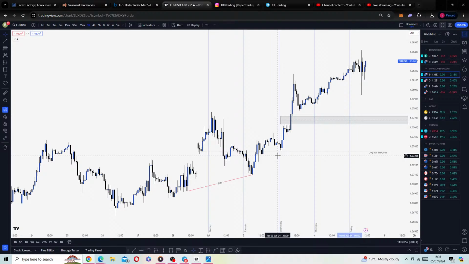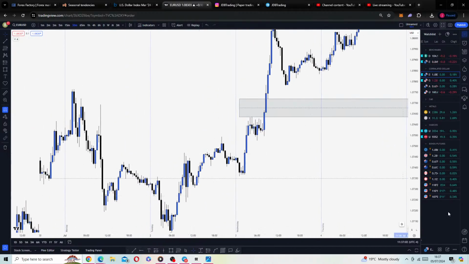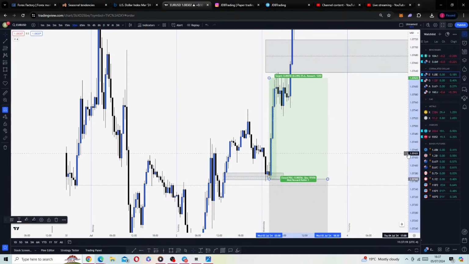It's a 30-minute. Wednesday opens, manipulates lower into a fair value gap. Longs here between 2 and 4. Yep, we're there, 2 and 4.